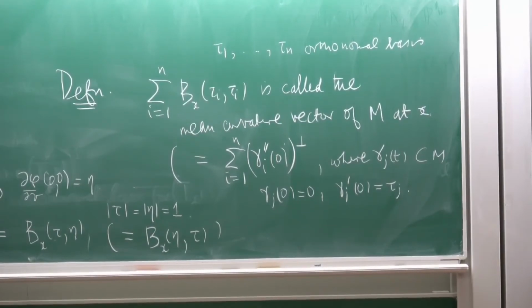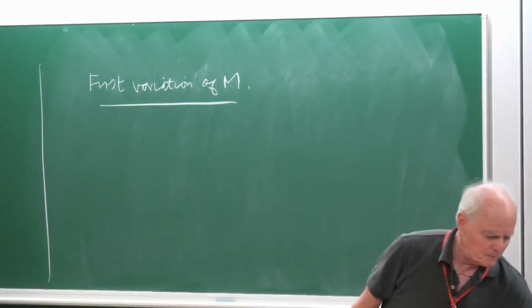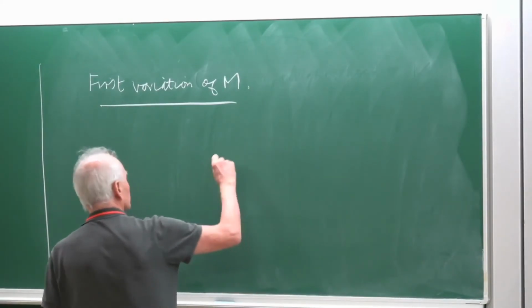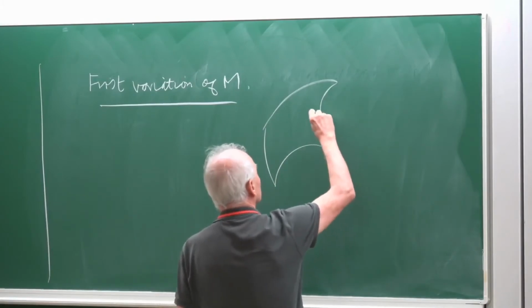Now, we need to talk about first variation. So usual setup, we've got a C^1 submanifold for the moment.